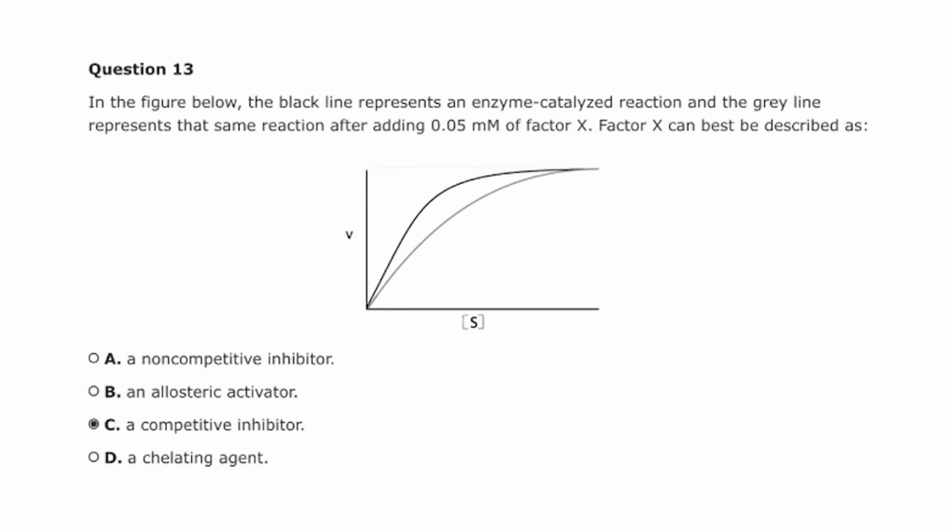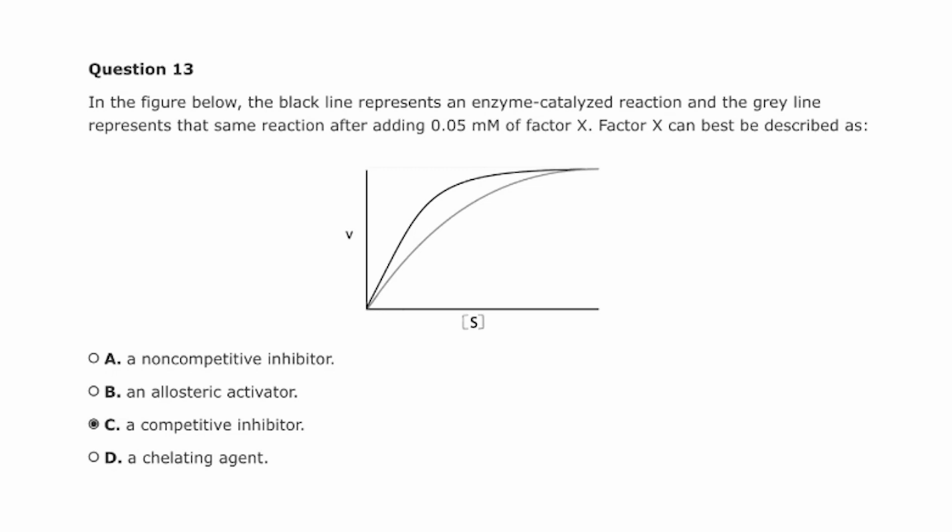In this case, all of the different inhibitor types for enzymes will affect these two quantities in different ways, depending on how they work. A non-competitive inhibitor would lower the Vmax, so it would lower the maximum number of reactions per second that this enzyme can catalyze, but it wouldn't affect the Km at all.